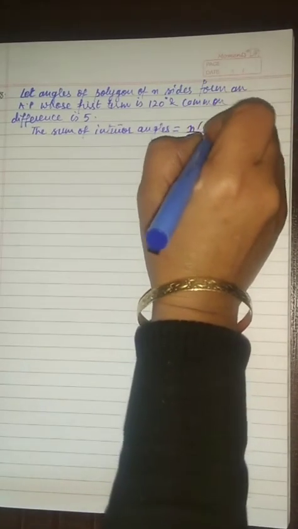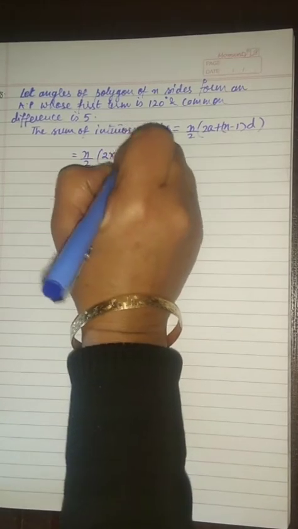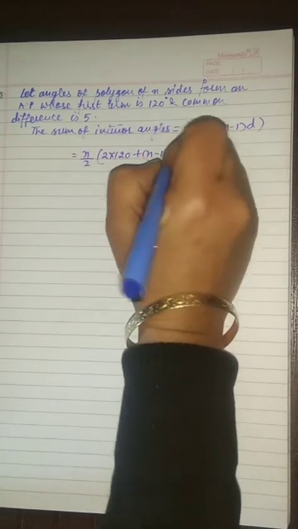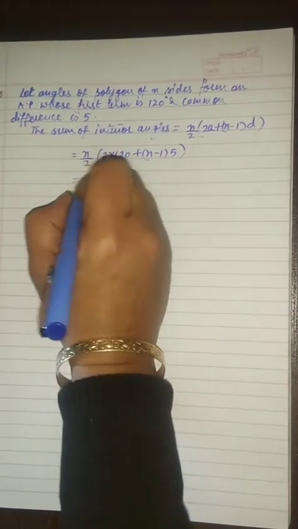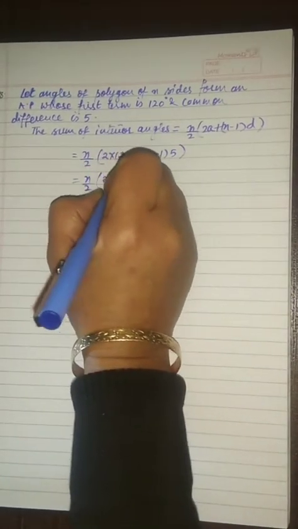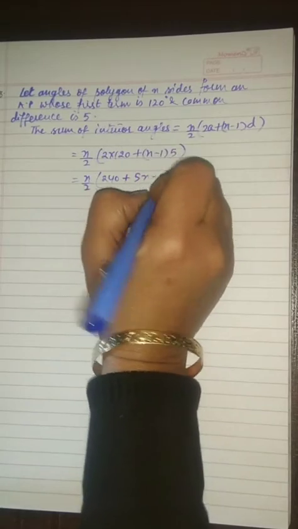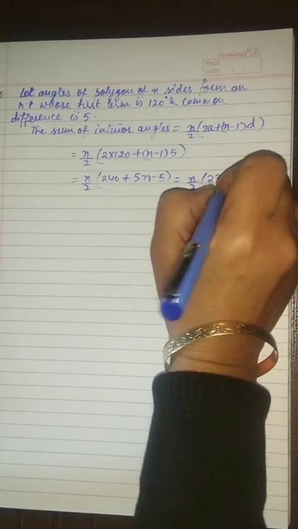Now we will find the sum of interior angles. The sum of interior angles is equal to n by 2 times (2a plus (n minus 1)d). Now n by 2, a is 120, so 2 into 120 plus (n minus 1) times 5. So n by 2 times (240 plus 5n minus 5), which will give us n by 2 times (235 plus 5n).